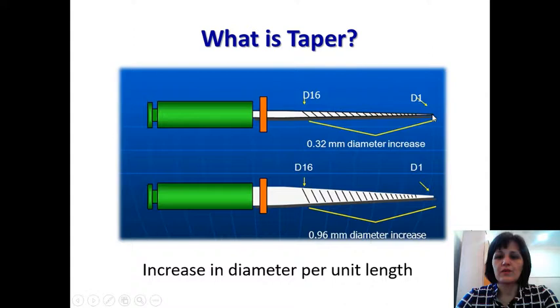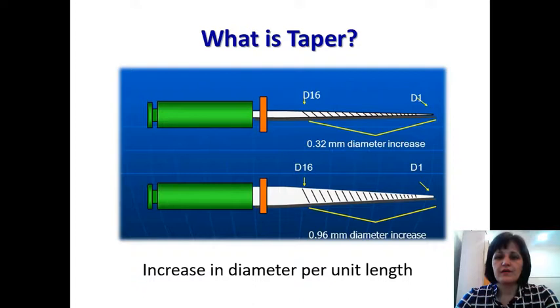Sometimes we have an increase in diameter per unit length, and this increase in diameter is called taper. We have the first diameter at the tip of the working part and another at the end of the working part, and the increase in diameter is called taper.